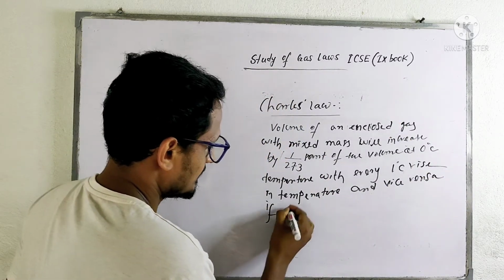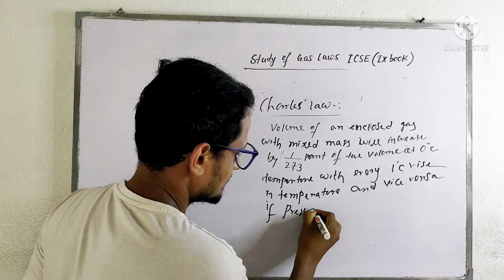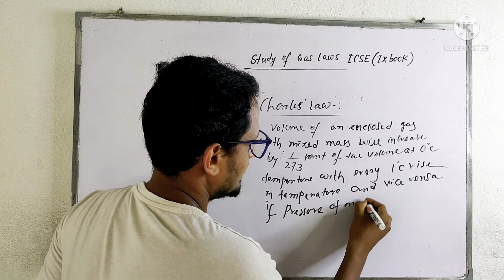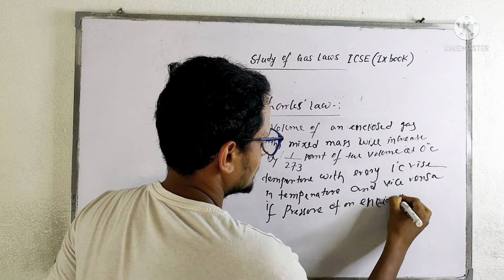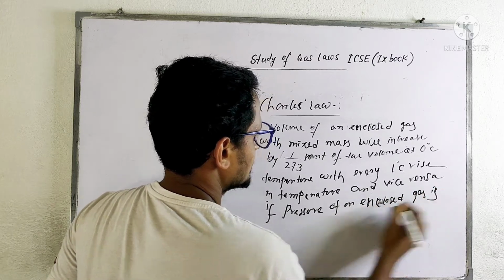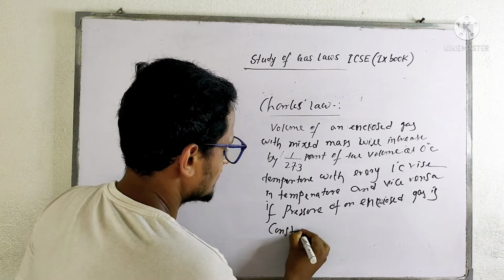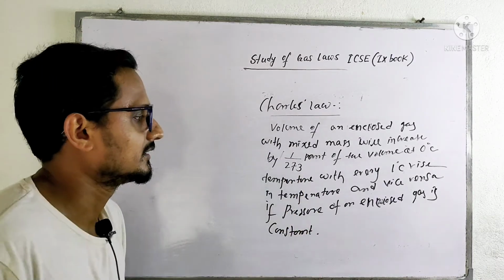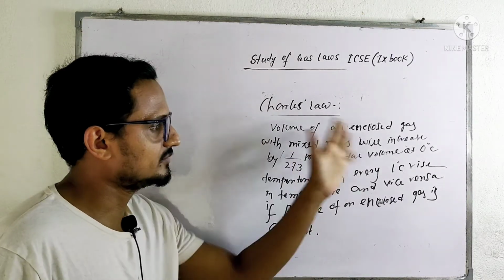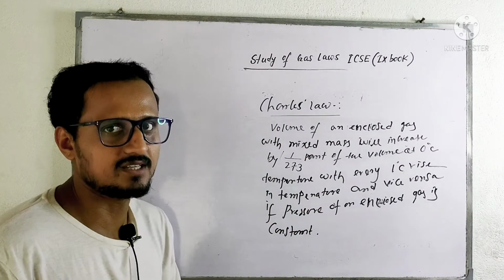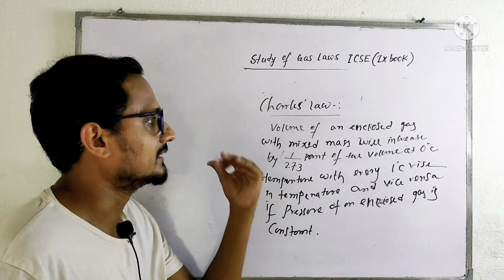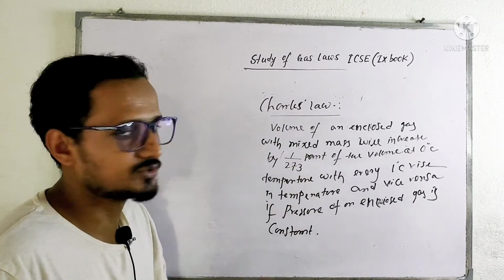if pressure of an enclosed gas is constant. The statement will be 4 or 5 lines, you can see, but we have to first understand the statement properly, what the scientist Charles wants to say.